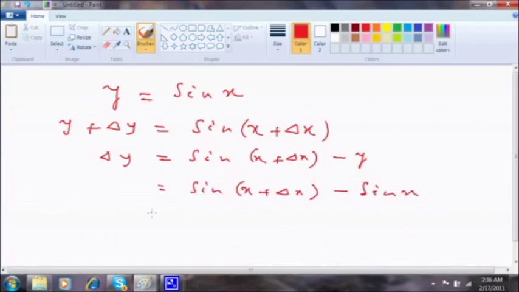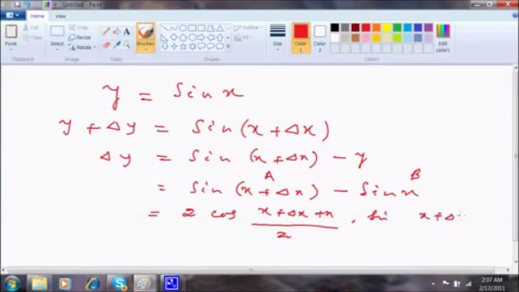So this is sin a minus sin b. So this is 2 cos. This is your a, this is your b. So this is (x plus delta x plus x) by 2. You can give a bracket, or you do not have to give any bracket also, because this division sign plays the role of the bracket, into sin (a minus b) by 2.